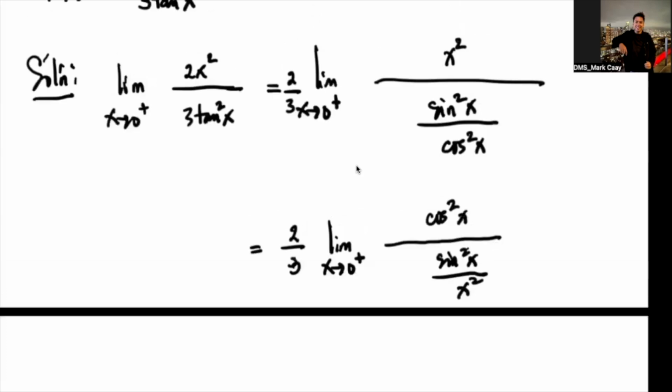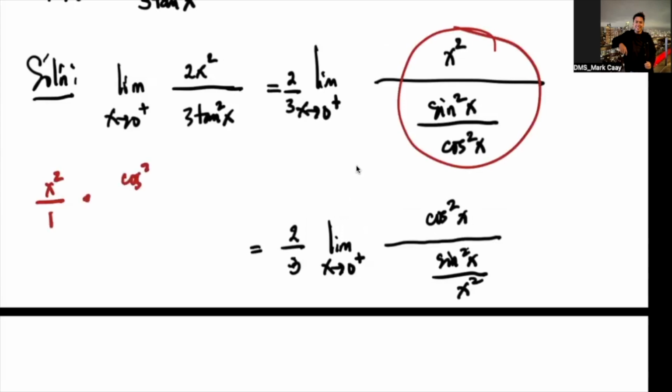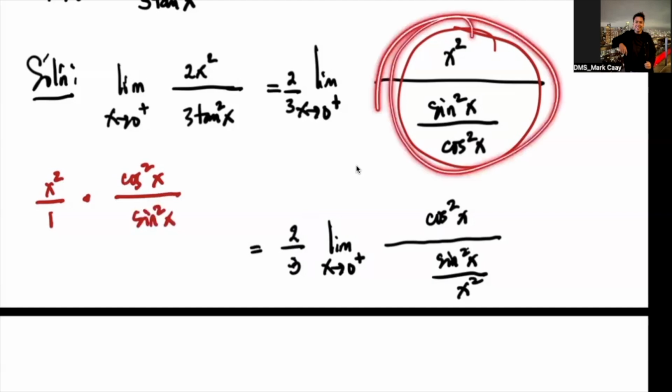You probably get it, because if we have to do this, it becomes x squared over 1 times cosine squared x over sine squared x. Right? Because this was division. But since I am multiplying, the denominator became a reciprocal.